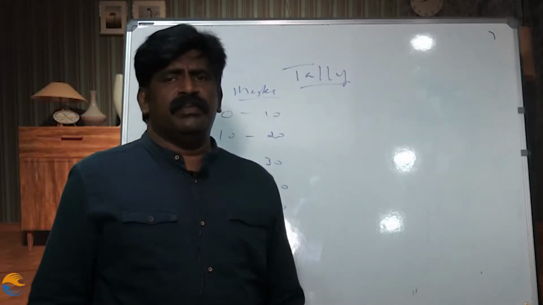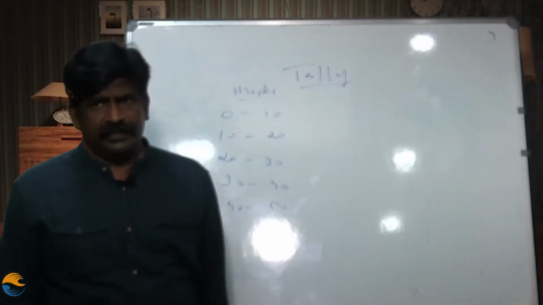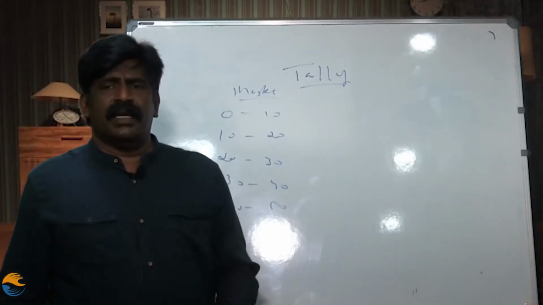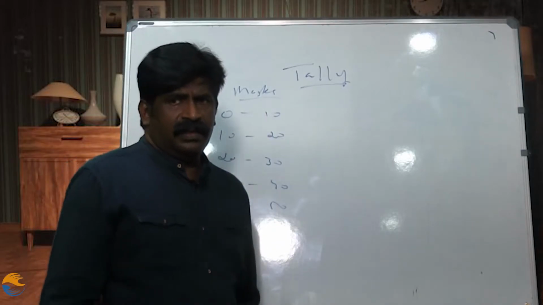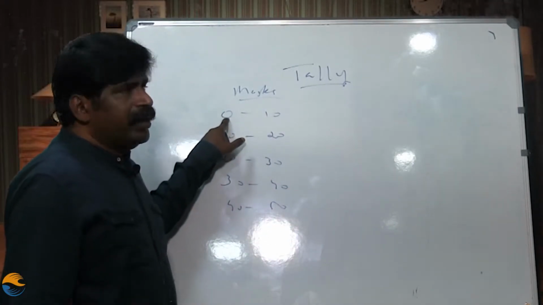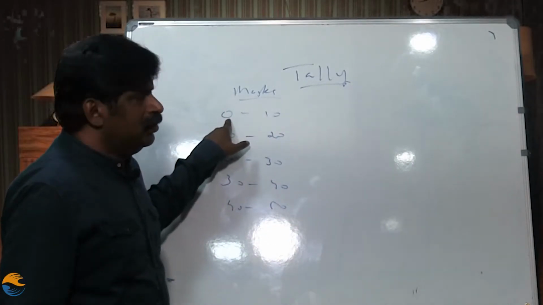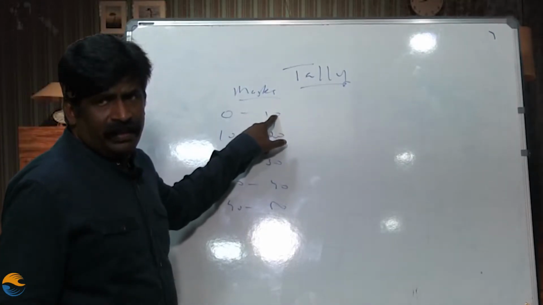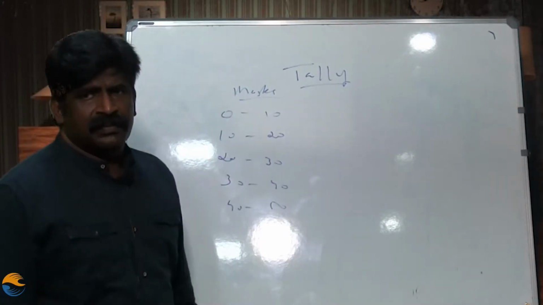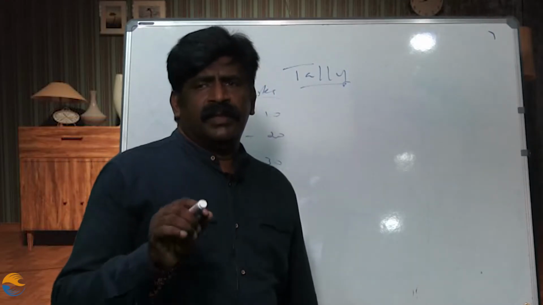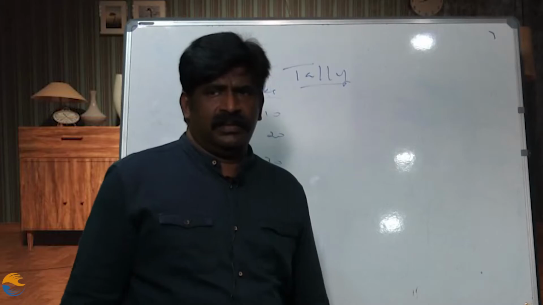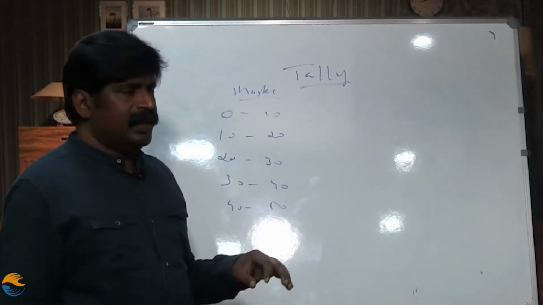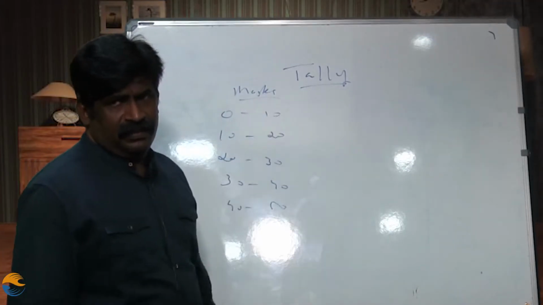For this purpose, we prepared a slab here. This kind of slab is called a class. Here, a low end figure 0 and a high end figure 10 represent this class. It means 0 to 10, including 0 and 10, will be considered in this class.